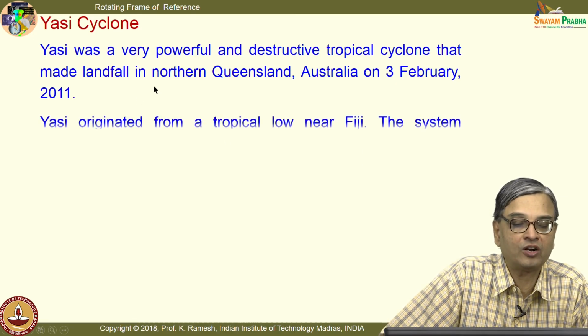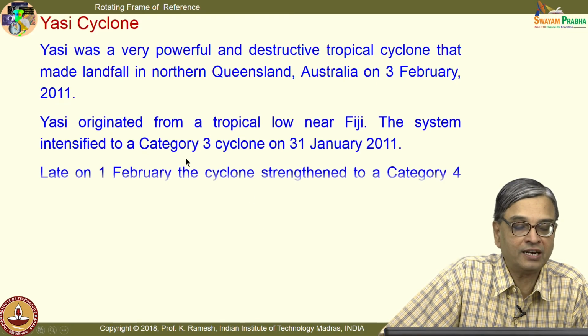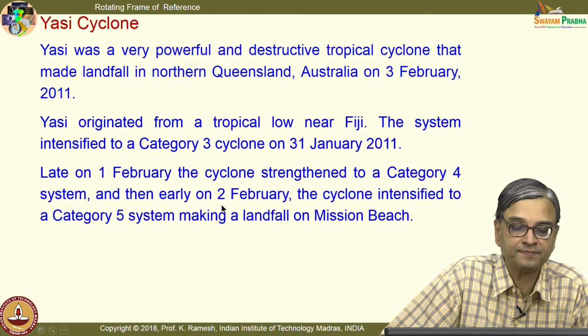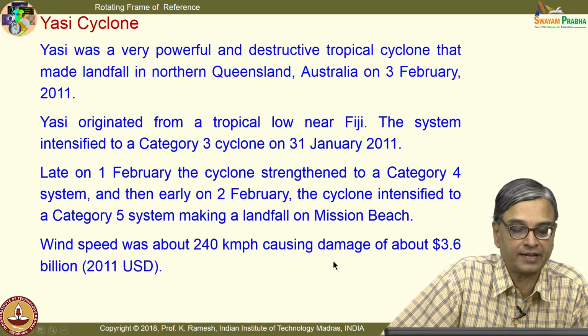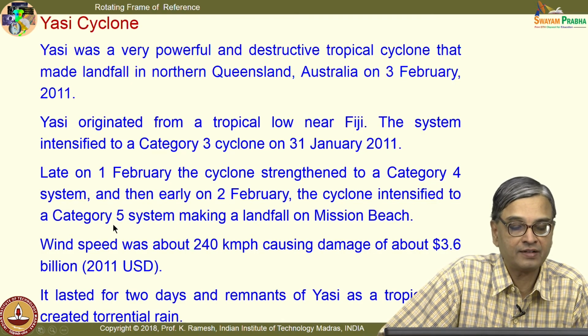made landfall in northern Queensland, intensified to category 3 on 31st January 2011, and strengthened to category 4. Then on 2nd February, the cyclone intensified to category 5, making landfall at Mission Beach.